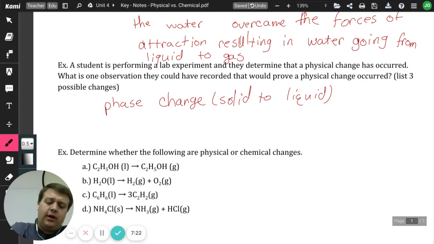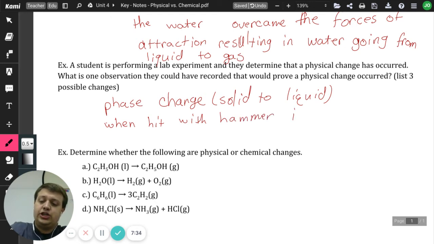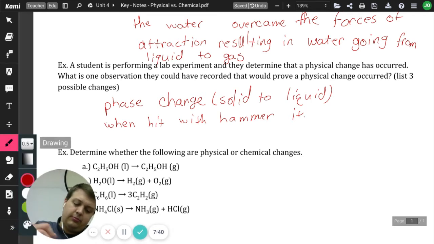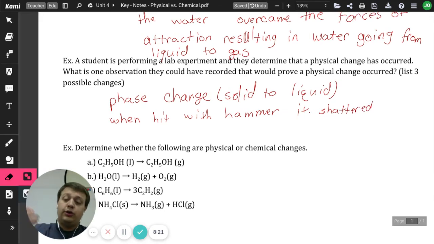Okay, so that would be one of my examples. Another example is when hit with a hammer, it shattered. Another example would be when stretched into a wire.